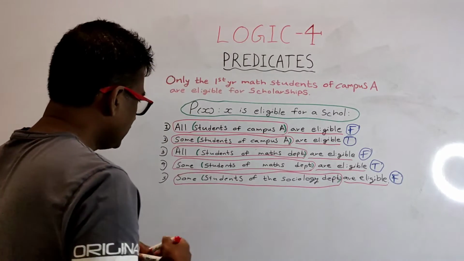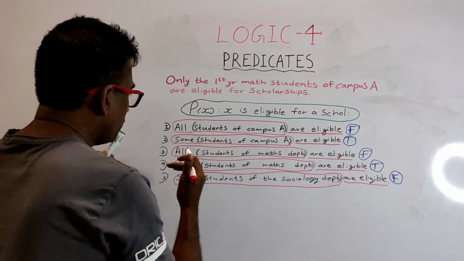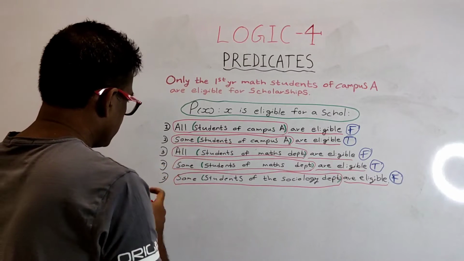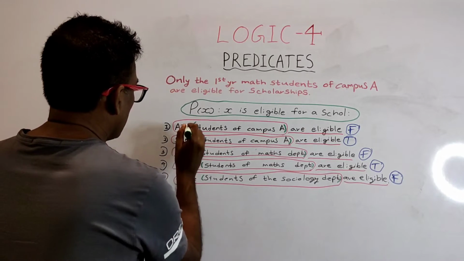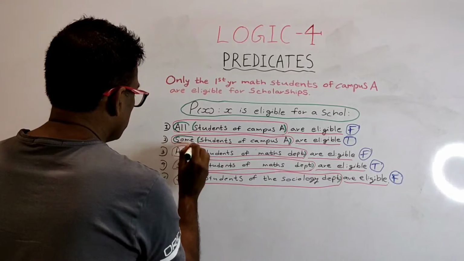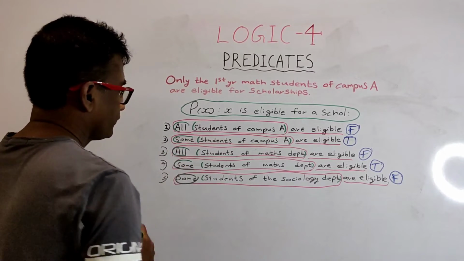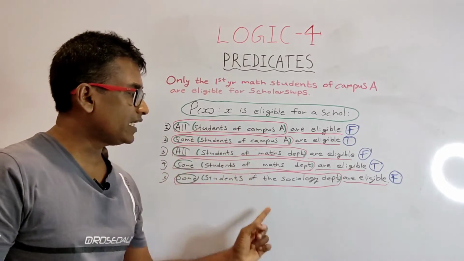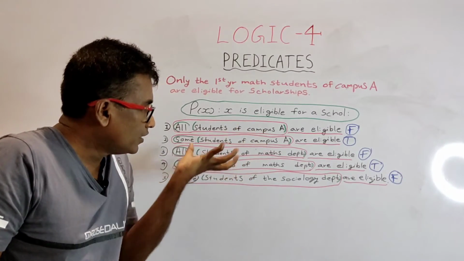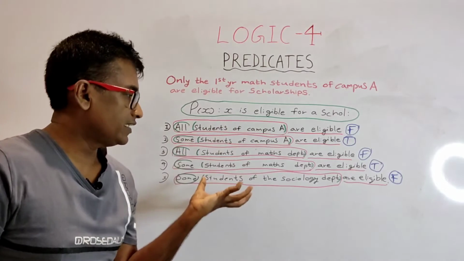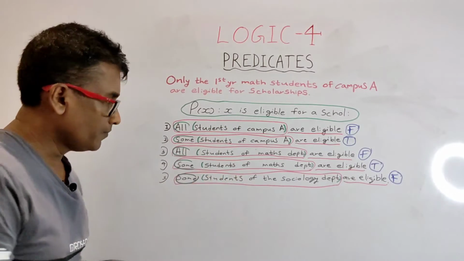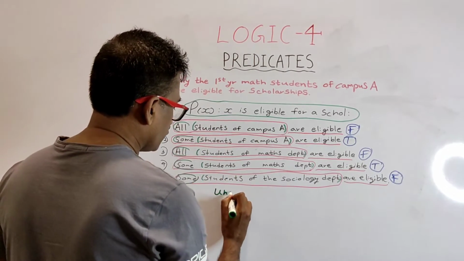And then it is bound by these words here: all, some, all, some. Now this bigger collection from which this more well-defined collection is constructed is called the universe of discourse.